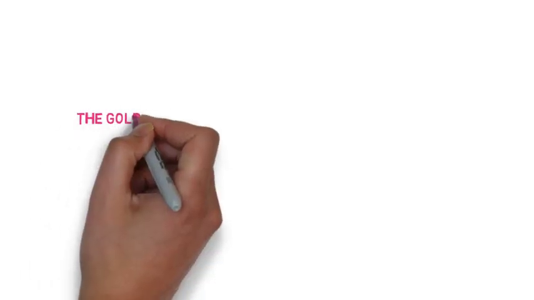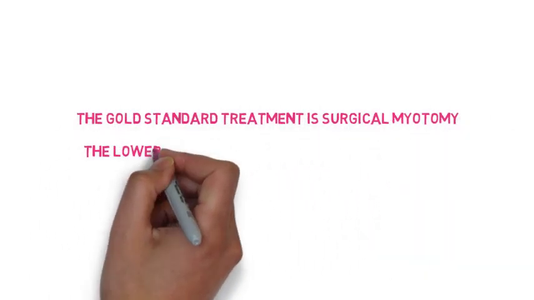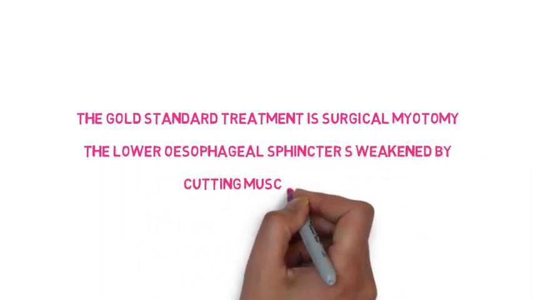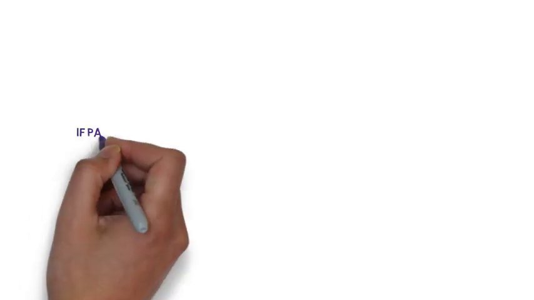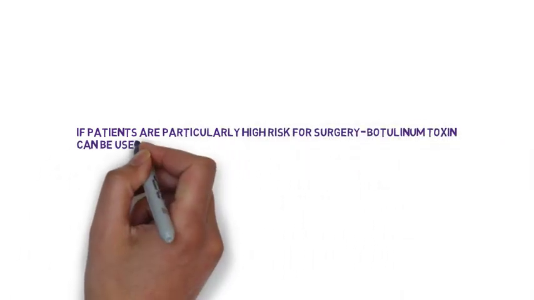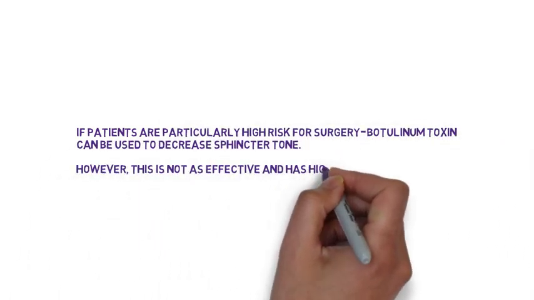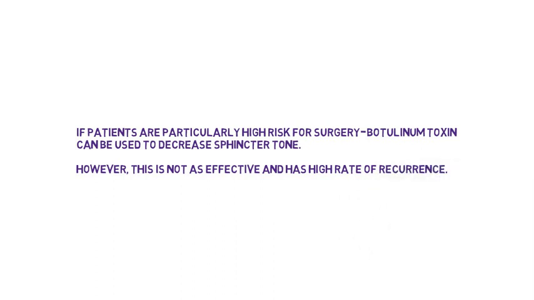So really the main treatment is surgery, and the gold standard treatment is surgical myotomy, and this is when the lower esophageal sphincter is weakened by cutting muscle fibers. And you can also use alternative treatments such as the injection of a toxin to decrease the sphincter tone, and this is not as effective and has a high rate of recurrence.